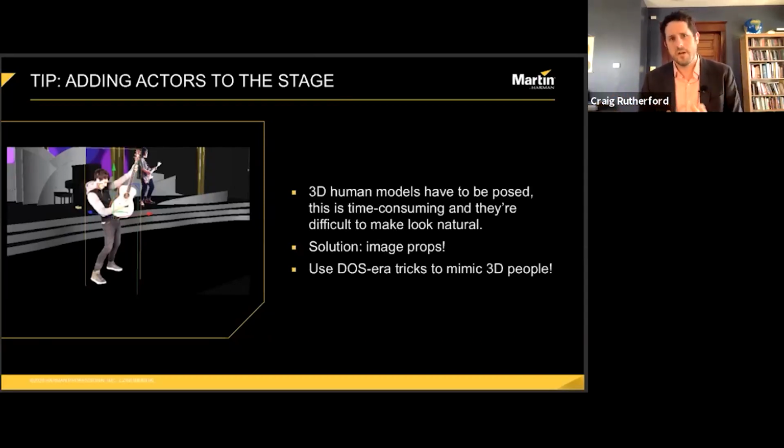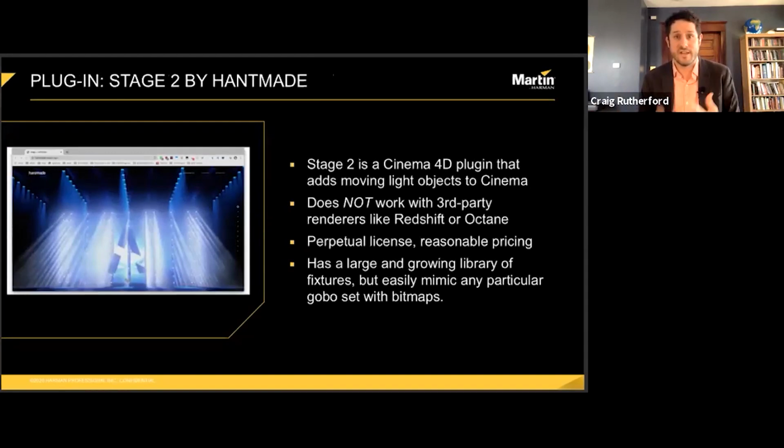For MVR import and all of my renders, I know I've mentioned it a couple times, I use the Stage 2 plugin from Handmade, which I think is really excellent. Stage is a plugin that adds a library of lighting fixtures that can be controlled from a little basic control interface from within Cinema. There's no way that I'm aware of to get real DMX data into Stage, because internally the fixtures aren't built that way.